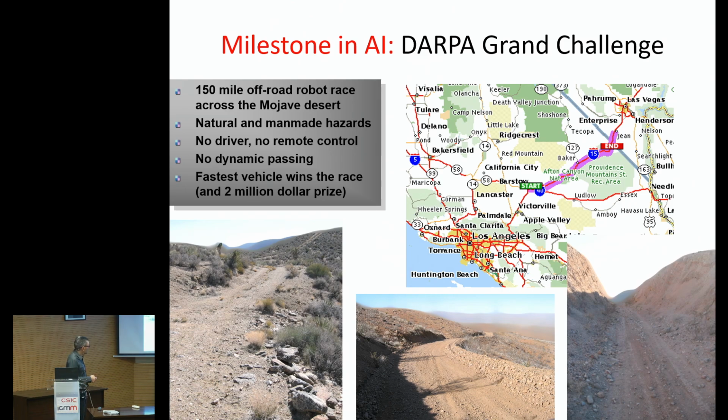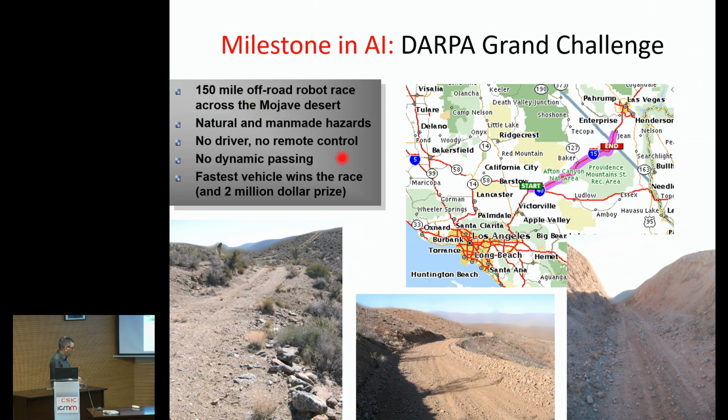Another milestone in AI was the DARPA challenge. This challenge was in the US, when DARPA said that a self-driving vehicle should pass the Mojave Desert and make 150 miles off-road in the desert.